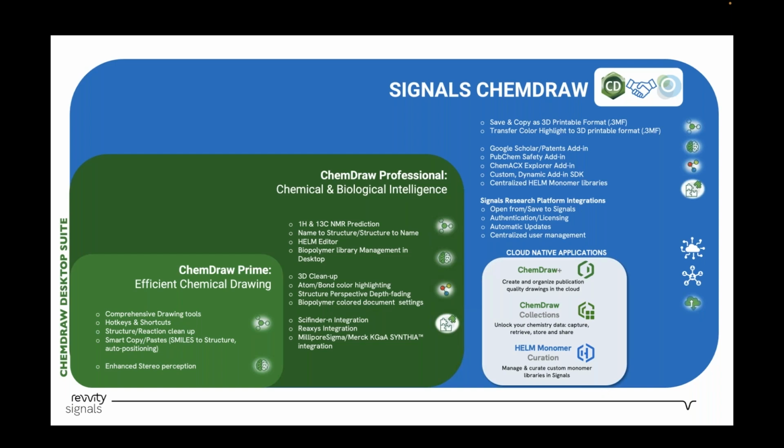And then you also get these new cloud applications: the application that Jinsu talked about today, ChemDraw Collections, as well as ChemDraw Plus. And if you're in the biopolymer space, the Helm monomer curation application allows you to curate monomer libraries in the Signals research platform for use in the ChemDraw Plus application and visualization also in ChemDraw Collections as well.